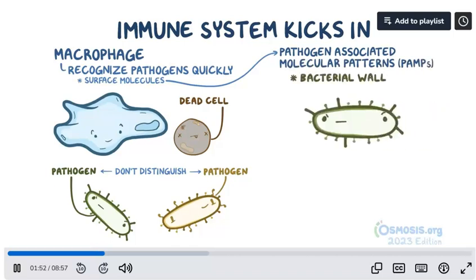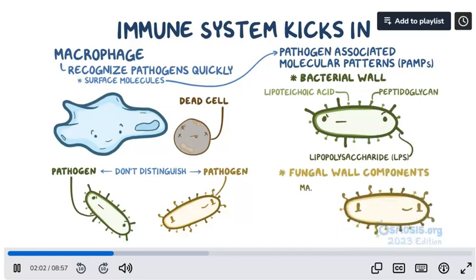PAMPs include bacterial wall components like peptidoglycan, lipopolysaccharide, or LPS, and lipoteichoic acid. PAMPs also include fungal wall components like mannan and flagella proteins, which can be found on some parasites and bacteria. For intracellular pathogens like viruses, PAMPs might include the viral RNA or DNA.